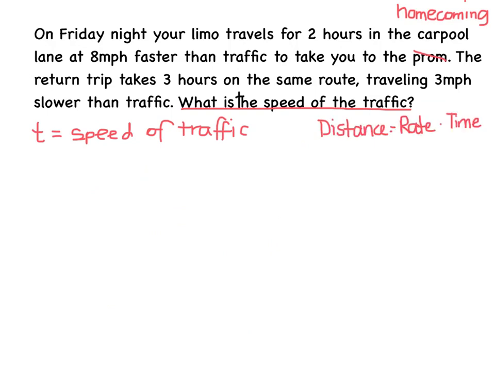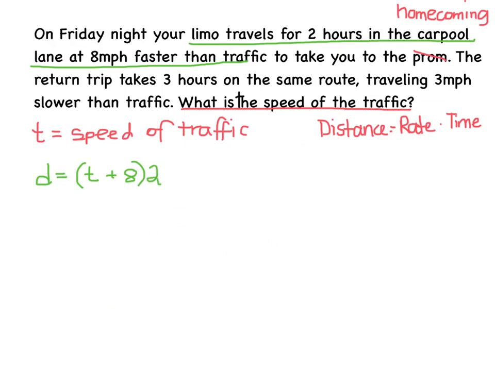And here's my first guy, my first trip. My limo travels for 2 hours in the carpool lane, 8 miles faster than traffic. So that first guy, I don't know how far he goes, doesn't matter, maybe, but I do know his rate. His rate is the speed of traffic plus 8. And I know his time. He goes for 2 hours.